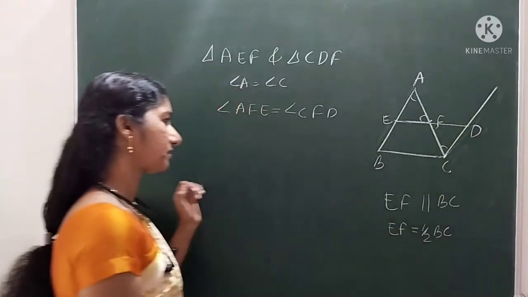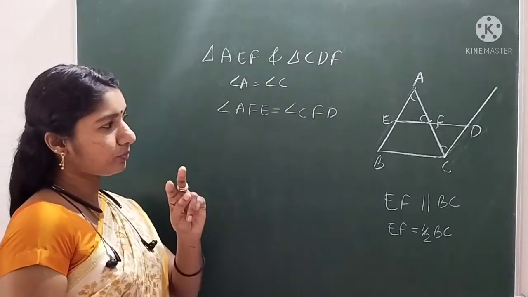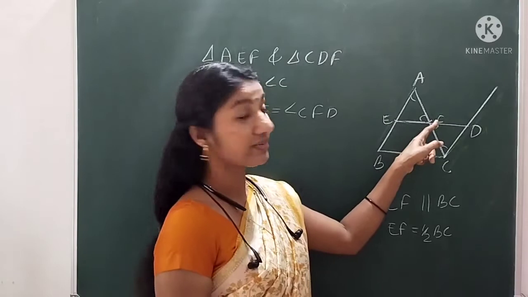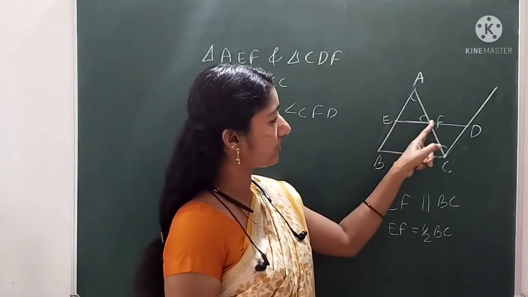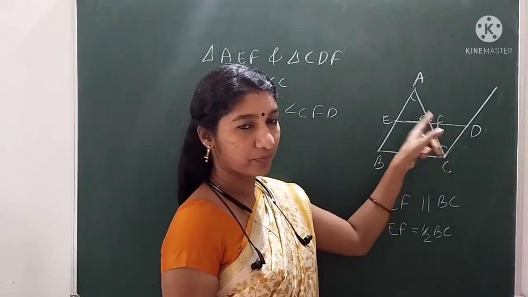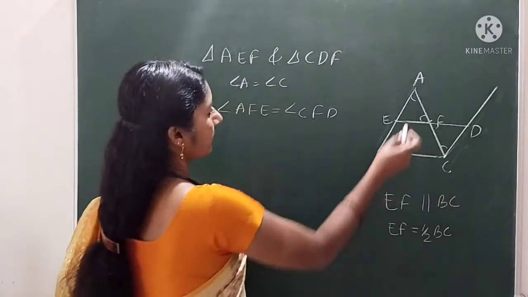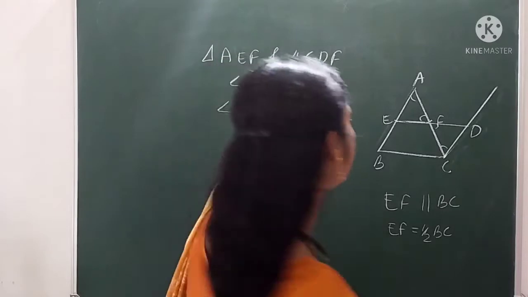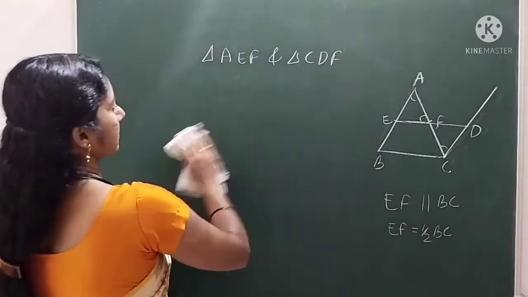Now we got two pairs of angles equal for these two triangles, and F is the midpoint, so AF is equal to FC. So now by ASA criteria, we can say these two triangles are congruent triangles.